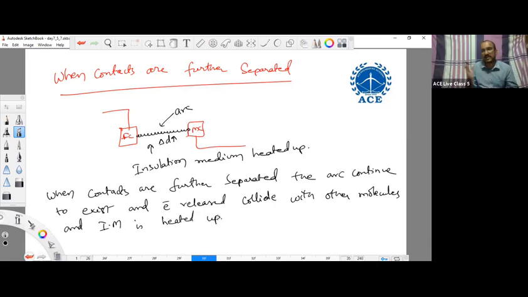Electron collisions release heat energy. So whenever the collision of electrons takes place, heat is generated.